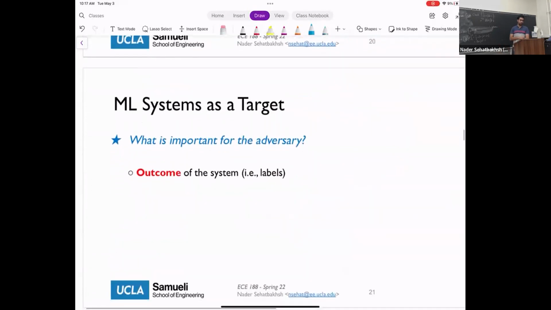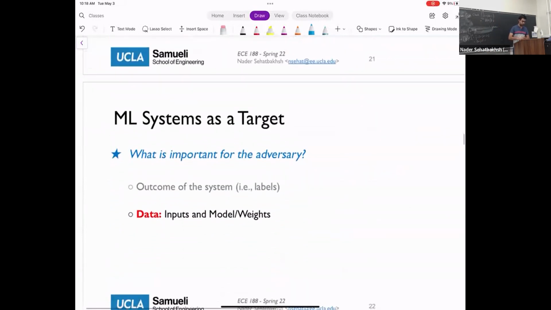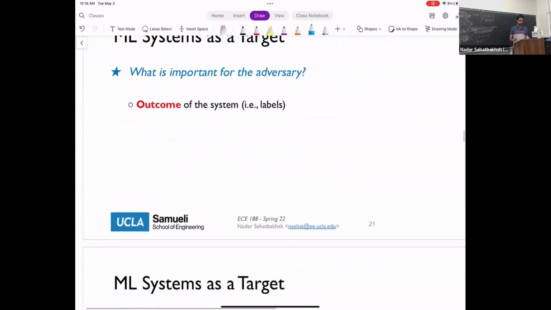Okay. So now that we know what we're looking at, and generally it doesn't have to be deep neural nets, it could be any machine learning algorithm, but let's focus on deep neural nets for now. So what is important for the adversary? There are two things that the adversary wants to target. One is fooling the system in some sense.